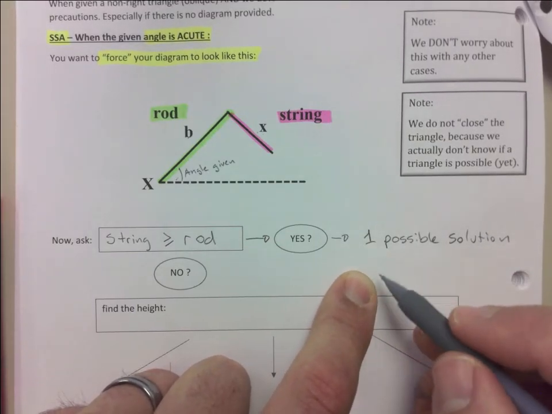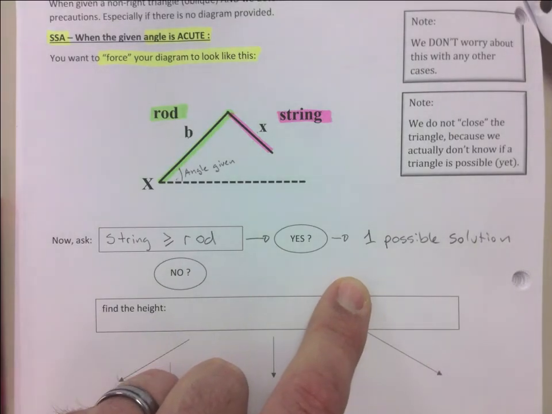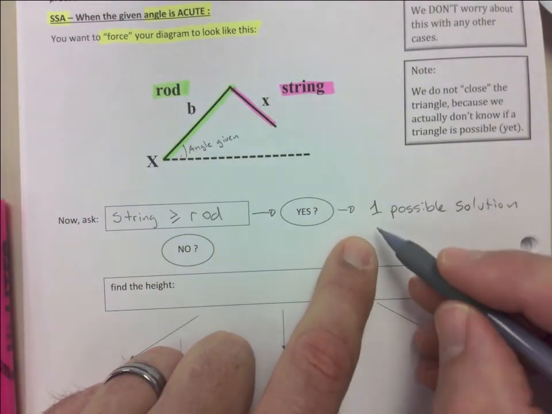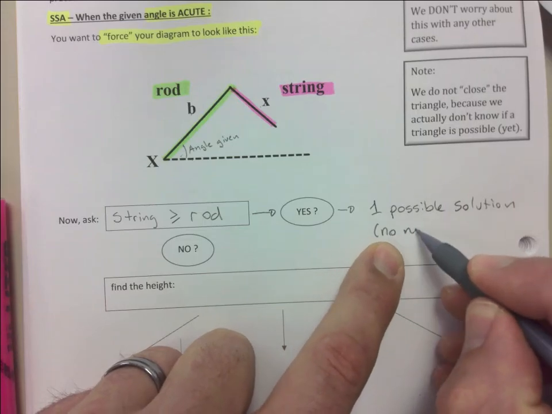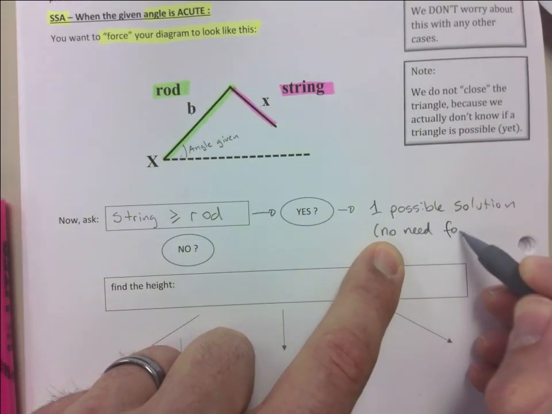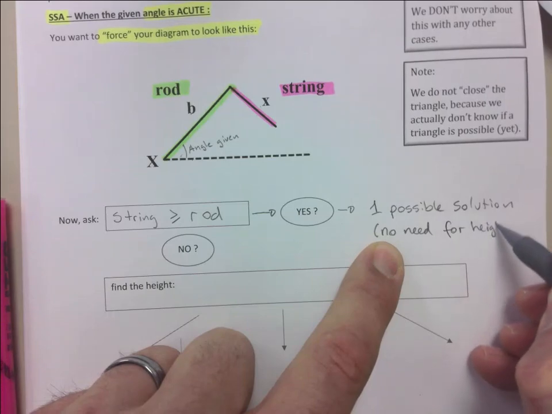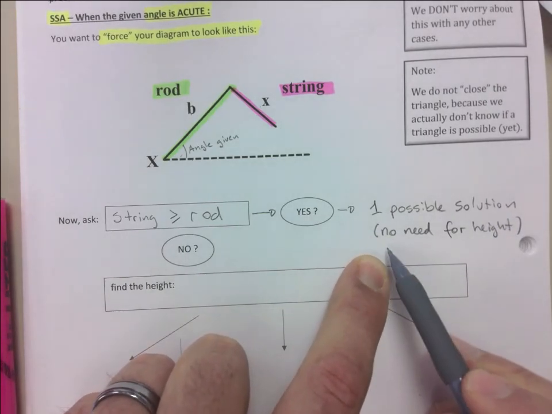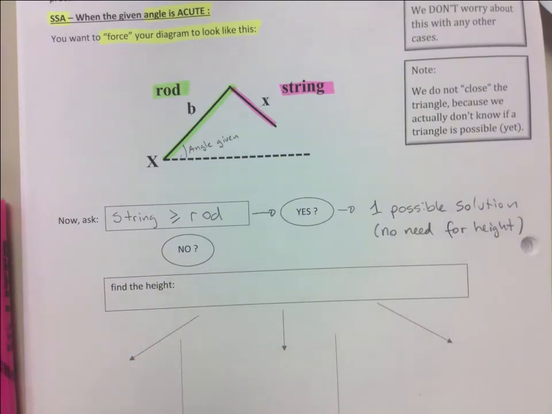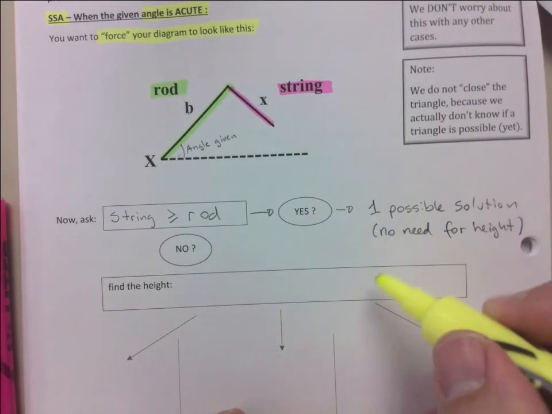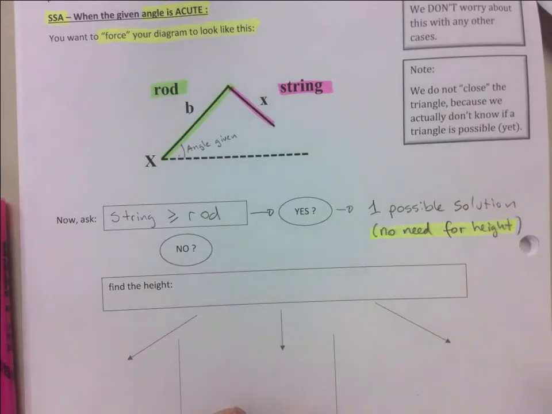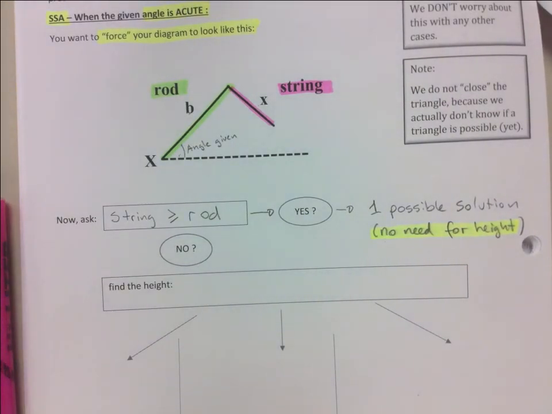And I will for now put down no need for height, because later on you're going to know what I mean by that. No need for the height in this scenario. You don't need to calculate it. You don't need it at all. So that's game over. That's just one solution.